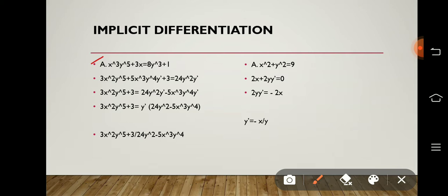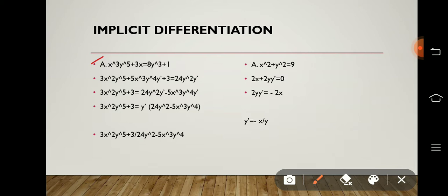So 3x squared y fifth plus 5x cubed y raised to the fourth y prime plus 3 equals 24 y squared y prime.